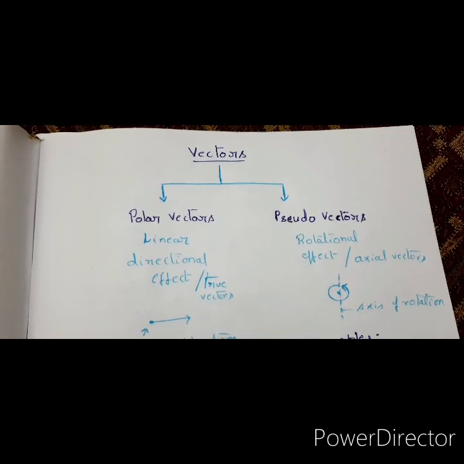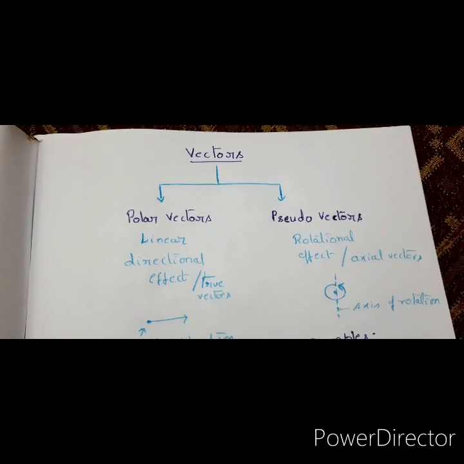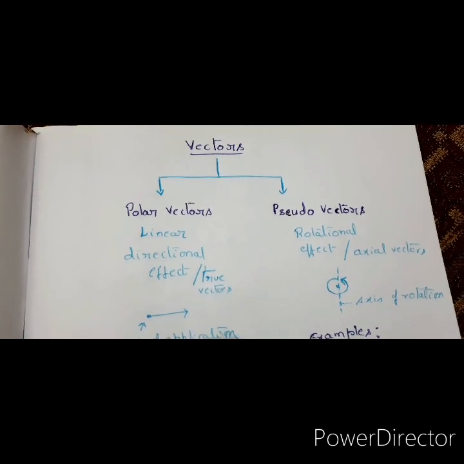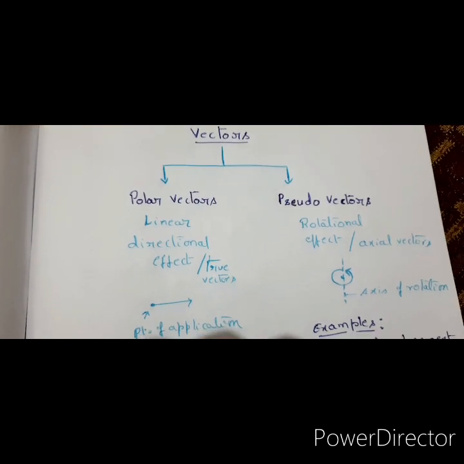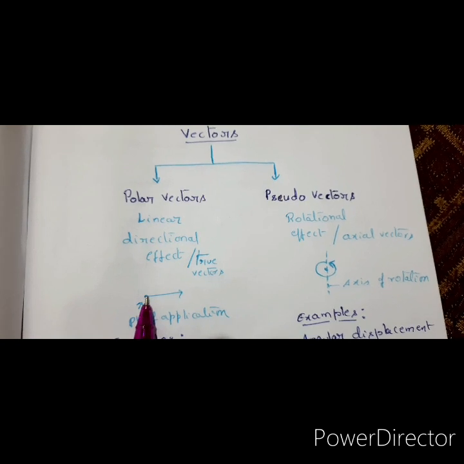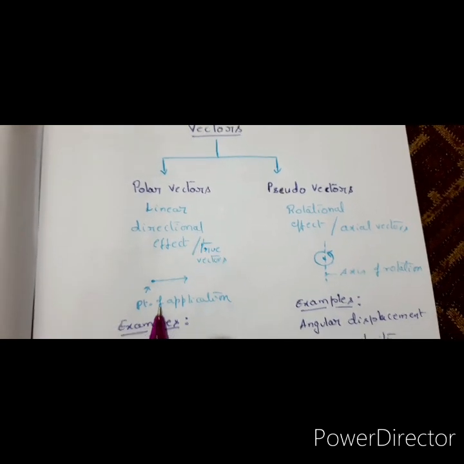Polar vectors have linear directional effect, also called true vectors. These vectors have an initial point and a point of application.